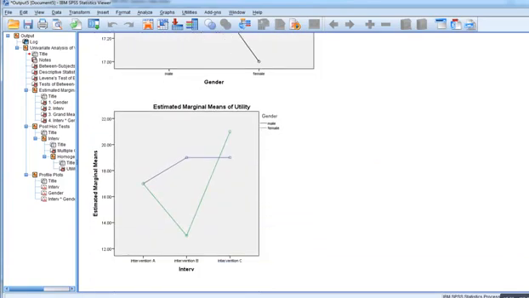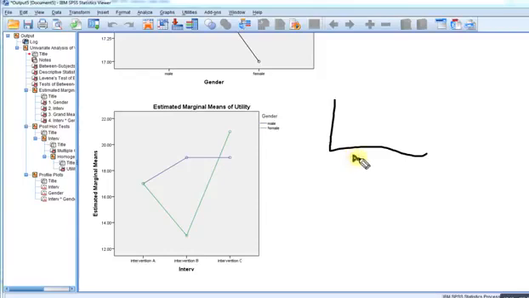Then we get to some of the interesting things in terms of potential interaction effects. If there was a non-interactive effect, then basically both of these lines would be parallel. So it wouldn't matter what it would look like, if we had interventions A, B, and C, which is terribly drawn here. But if you had something like this, let's say this is for males, and then we had this for females.